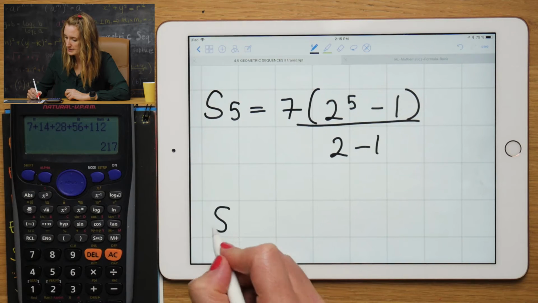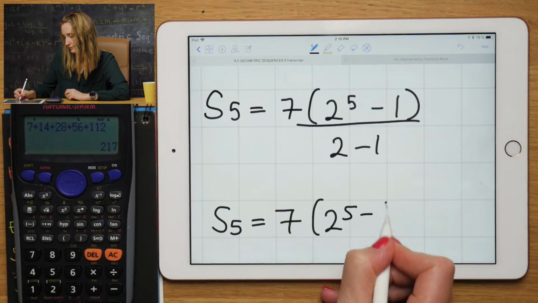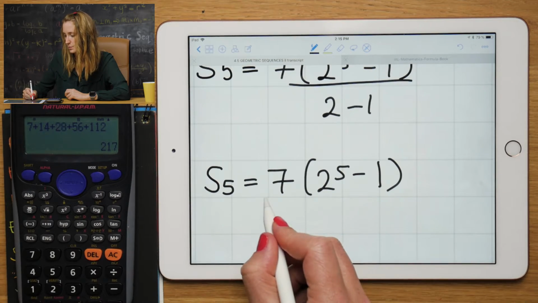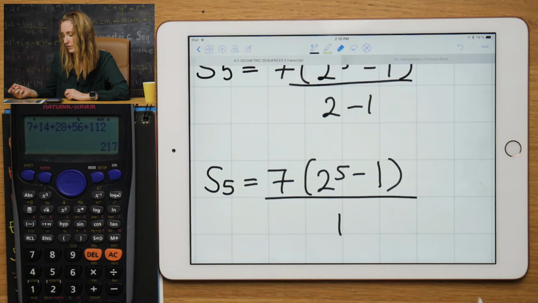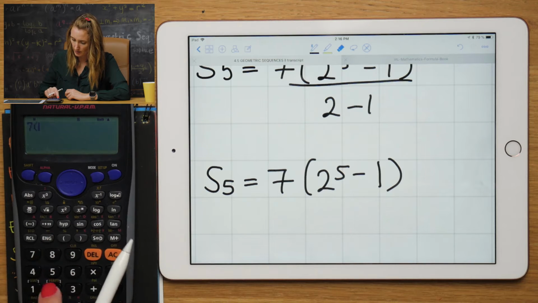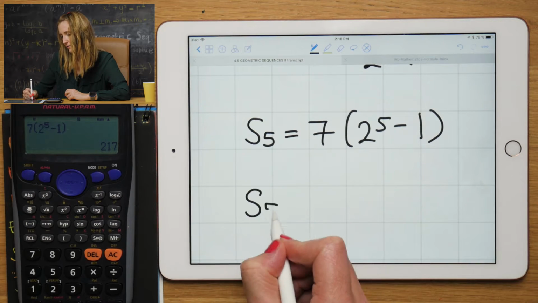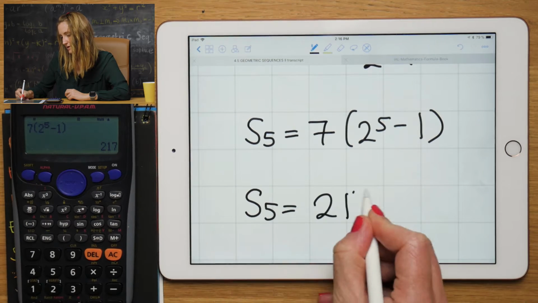We can cancel this down a little bit by saying 2 minus 1 is 1, so when the denominator is 1, it just basically disappears, so you don't really need to write it anymore. So we can type this inside our calculator, and we get that S5 is 217.